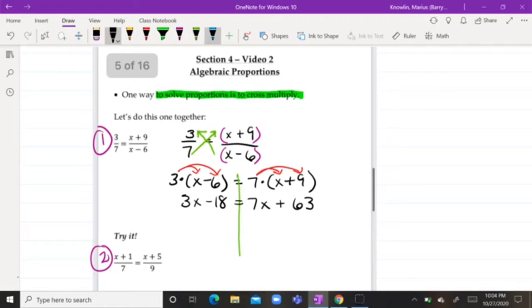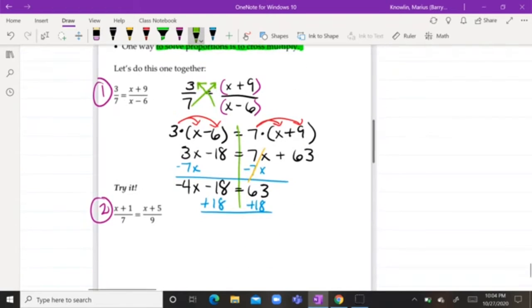I like to move all my variables to the left, so we're going to subtract 7x from both sides. The 7x's cancel out. Now we're left with, not 3x, but negative 4x minus 18 equals positive 63. Then we're going to add 18 to both sides.